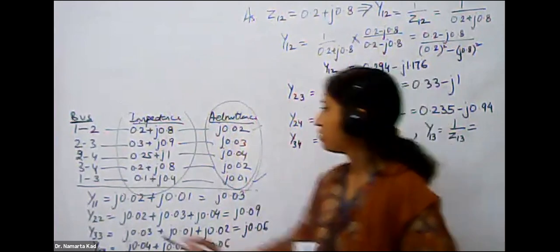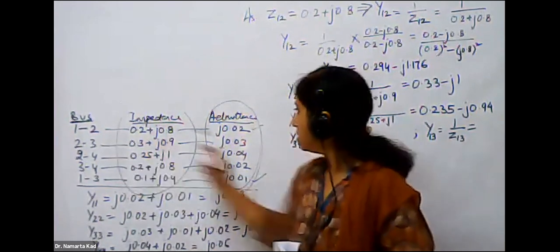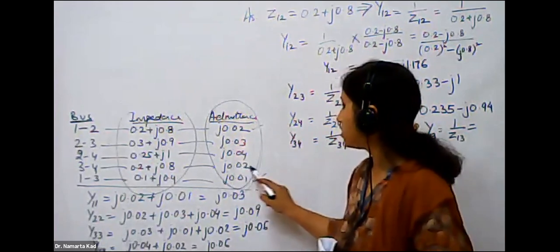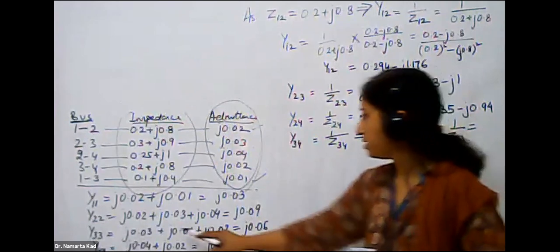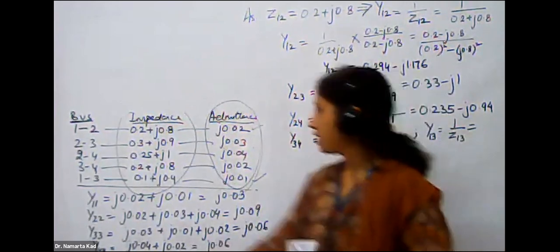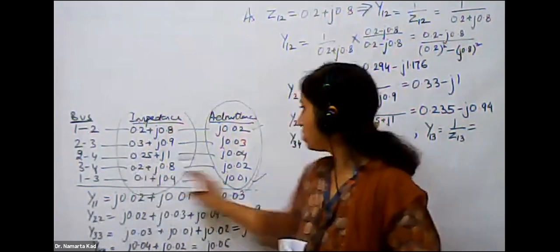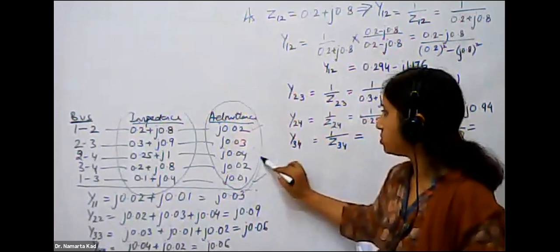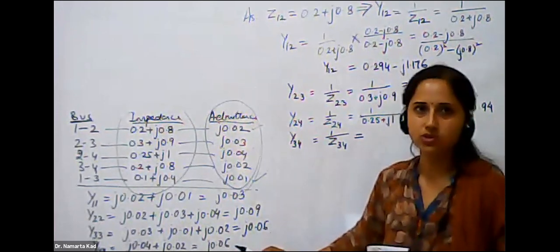Similarly for Y33, you consider these 3 values, j 0.03, j 0.02, and j 0.01, and it comes out to j 0.06. And finally for Y44, you consider these 2 values, j 0.04 plus j 0.02, and it comes to j 0.06.